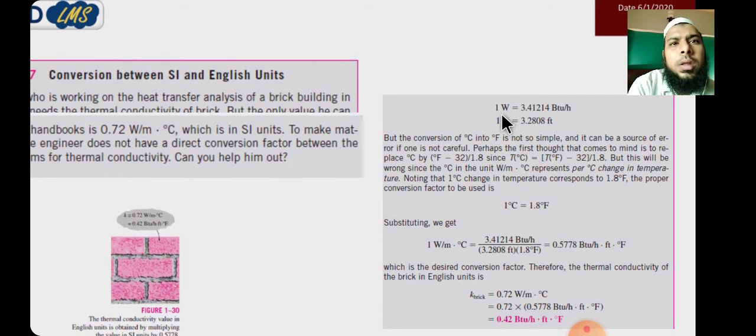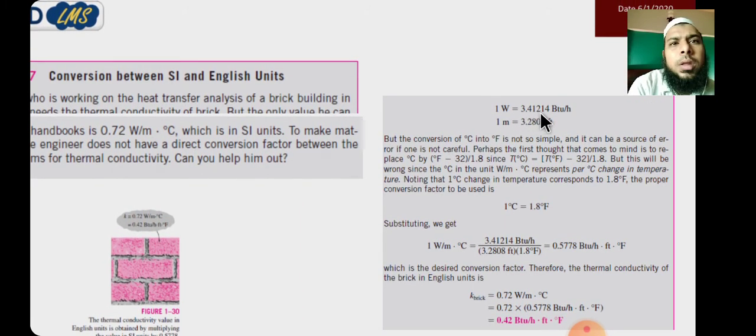We know that 1 watt is equal to 3.412 BTU per hour. In the SI system, we have the unit watt or joules per second, but in the British or English system, we have the unit British thermal unit, the unit of heat transfer, divided by hour, so it is BTU per hour. So it is 3.412. And from your calculator, you can calculate that 1 degree centigrade is equal to 1.8 Fahrenheit.